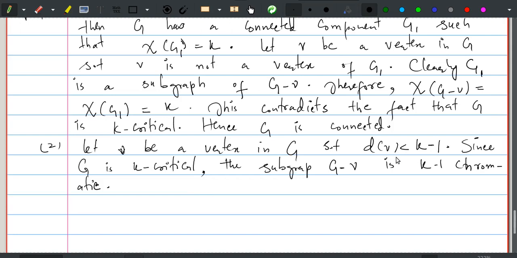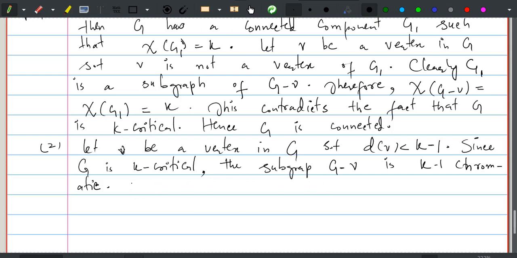Now this is our assumption here, that the degree of v is less than k minus 1. This is the same as the degree of v is less or equal to k minus 2.